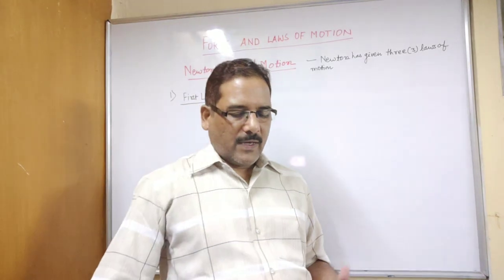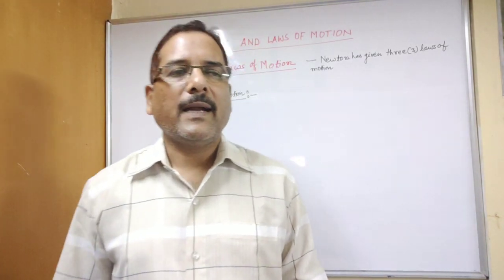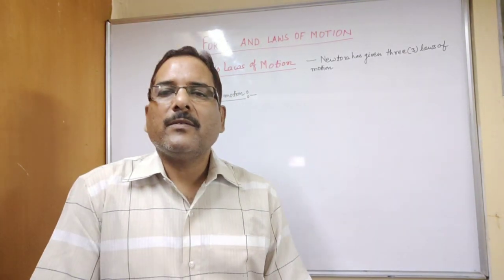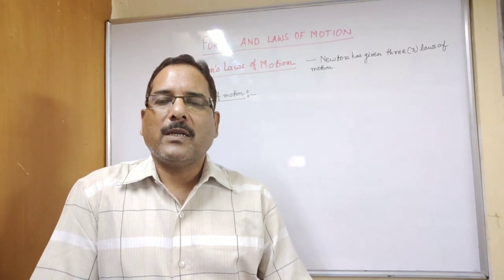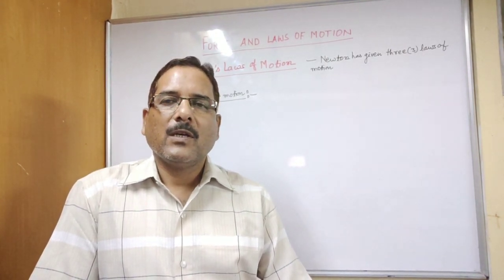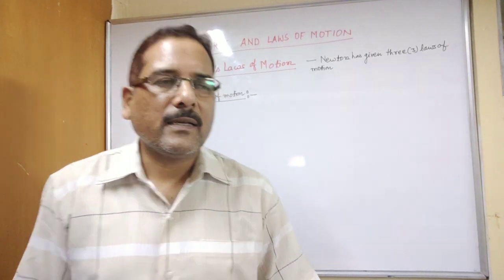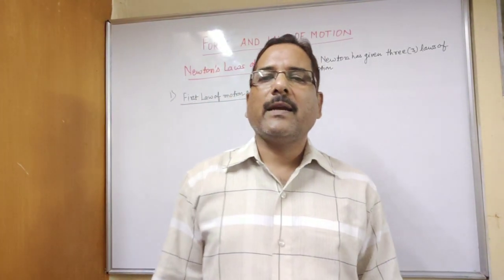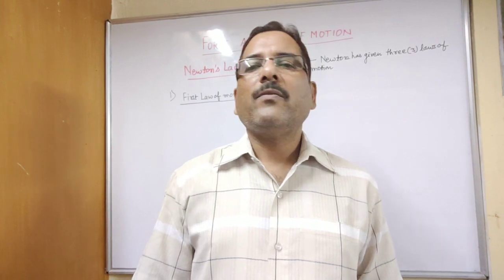Another part of this law is that if an object is in motion, it will try to continue its motion unless and until an external force acts on it. Suppose we are riding a cycle.